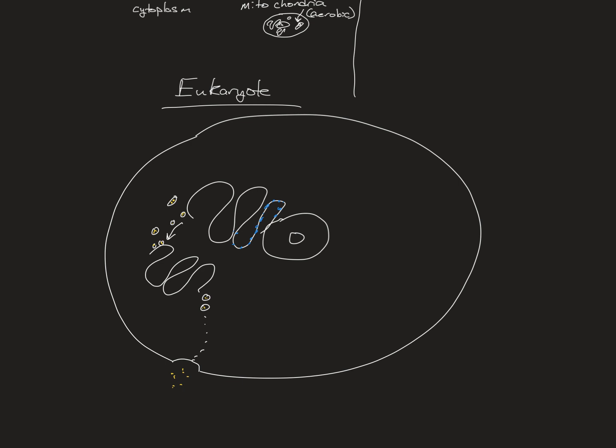Then there are ribosomes inside the cell, in the cytoplasm, that make proteins that are necessary for the cell. Some of these vesicles with proteins actually go and fuse with other organelles, like maybe what's in here is hydrolytic enzymes, and they will fuse.